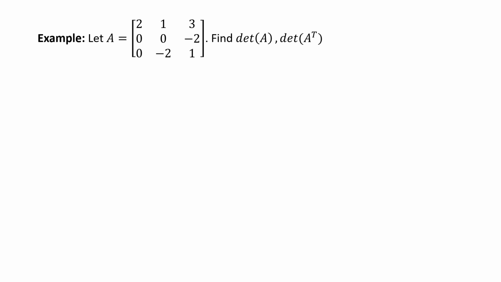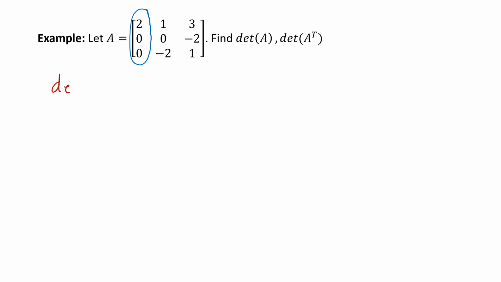So for example, here's another example. We have this matrix. What is the determinant of the matrix, and what's the determinant of the transpose? Well, let's take A first. Again, we have a very simple way of calculating this, but we've already calculated this.